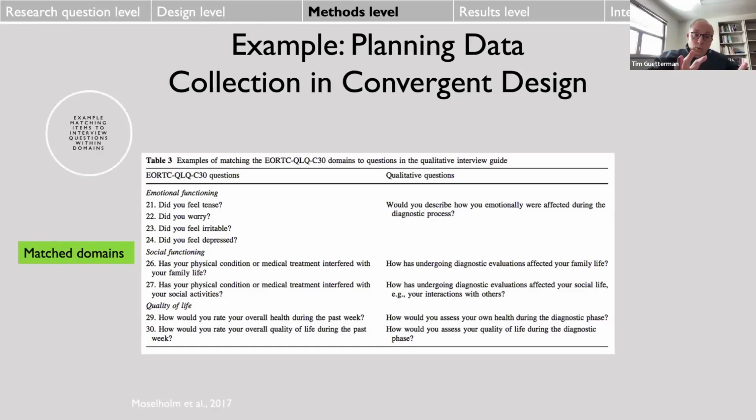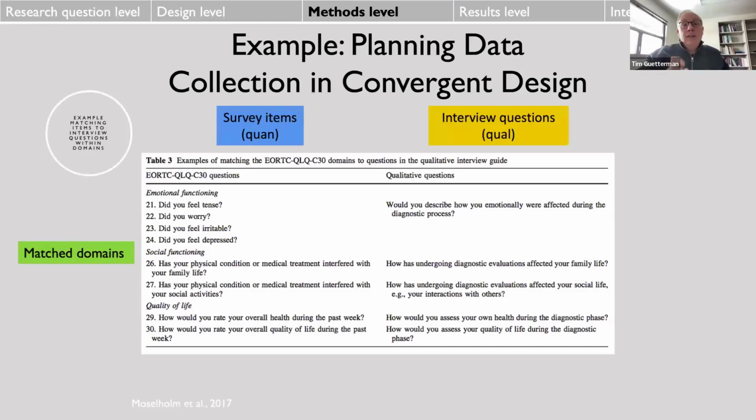So this is what I would call a joint display that's showing the matching across domains of quantitative survey items with qualitative interview questions. So again, it's thinking about those common concepts that you're collecting. So on the left-hand side here are items from a European 30-item quality of life measure.